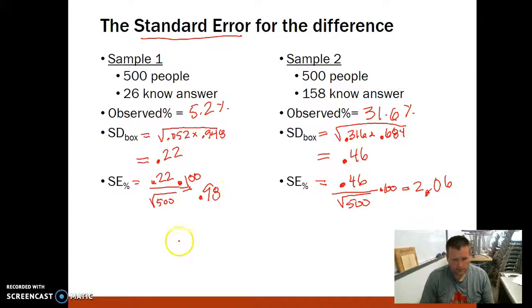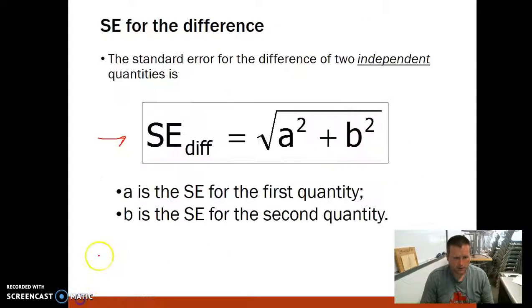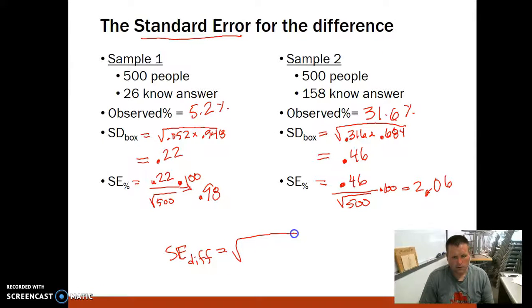So let's do this right down here, our standard error difference. Again, we're going to use that formula that was on the previous slide: square root of a squared plus b squared. Remember, a is the standard error for the first, and b is the standard error for the second. So we're going to go square root of 0.98 squared plus 2.06 squared.